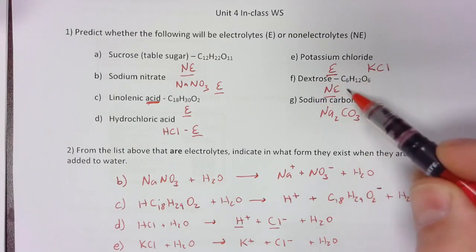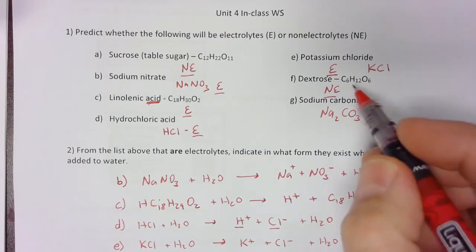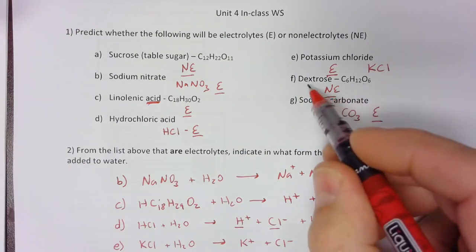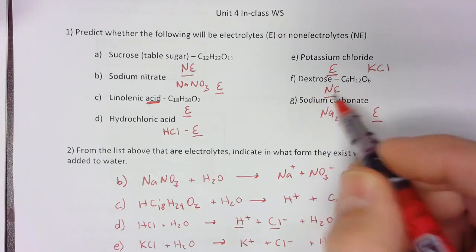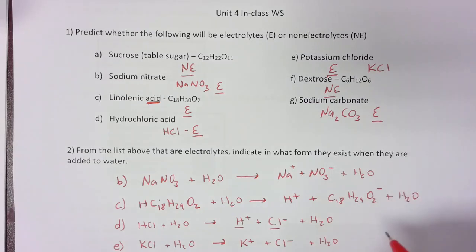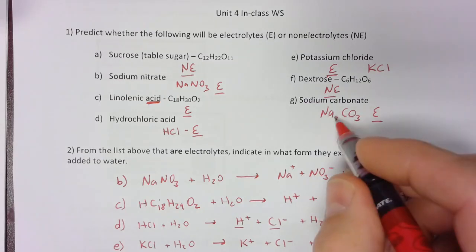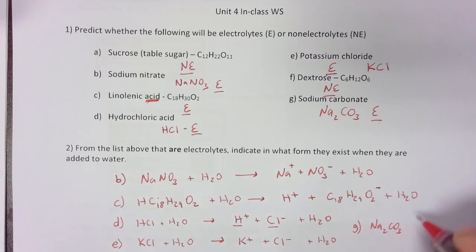Dextrose, all nonmetals, and it is not an acid, therefore it is a non-electrolyte. Sodium carbonate is ionic, metal plus nonmetal, so it's an electrolyte.